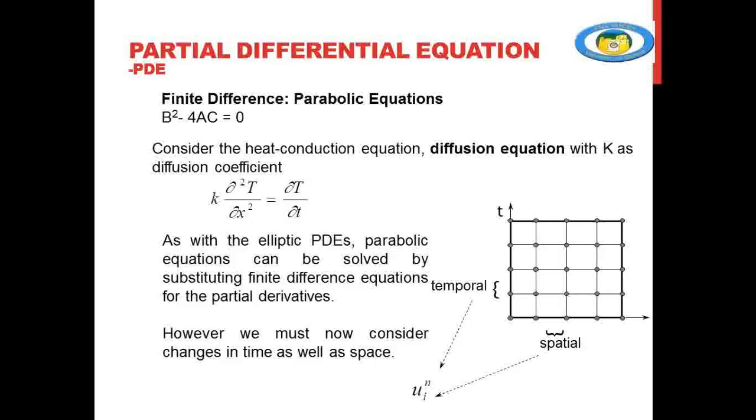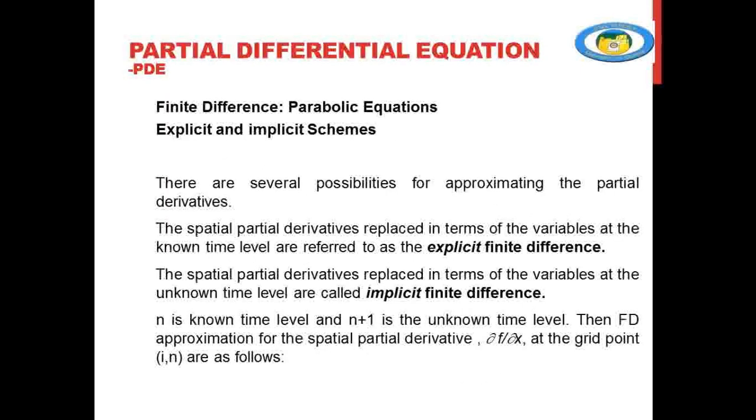Now, there are several possibilities for representing the partial derivatives. You may express the spatial partial derivatives in terms of the variables at the known time level, which is n. Then we call it an explicit finite difference.